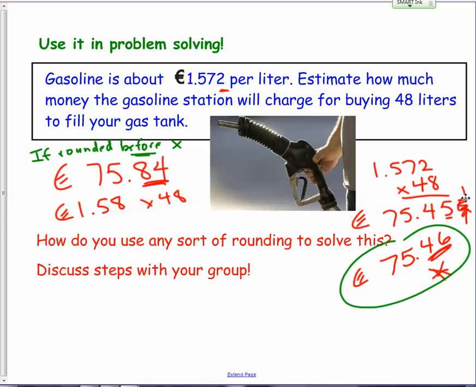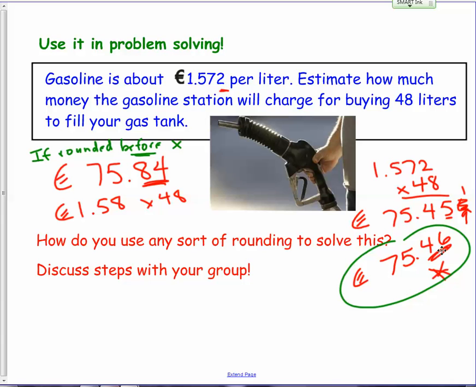No matter what this number is, they would round up because they're not going to lose whatever amount is in the thousands place. So they're going to pass that charge on to you, the consumer, because for you it doesn't matter if you pay an extra cent. But imagine the gas station with thousands of customers a month buying many hundreds of liters of gas. That would add up to be a lot of money for them if they lost whatever numbers in the thousandths of a euro.